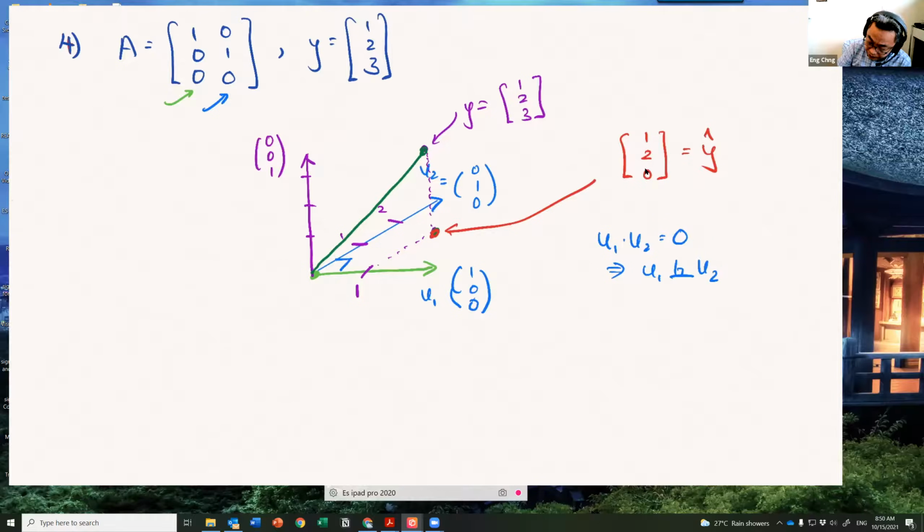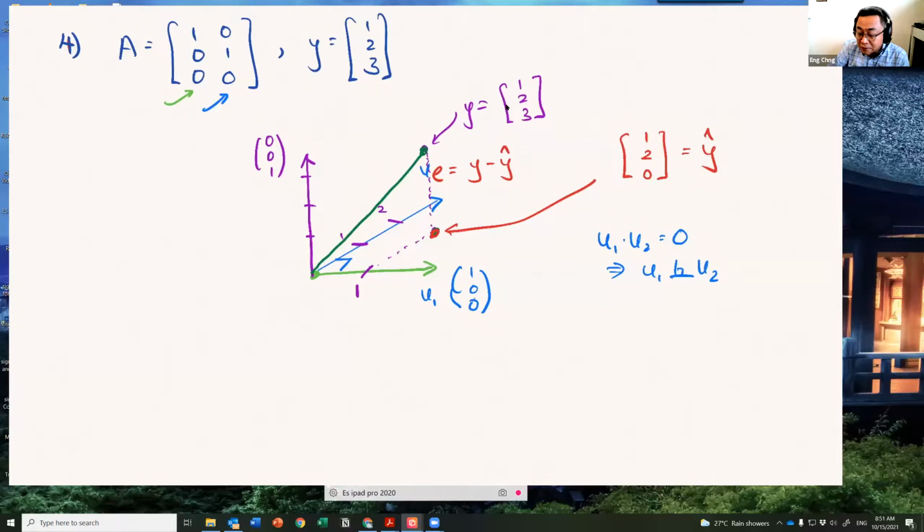Therefore, the vector E here is equal to Y minus Y hat.